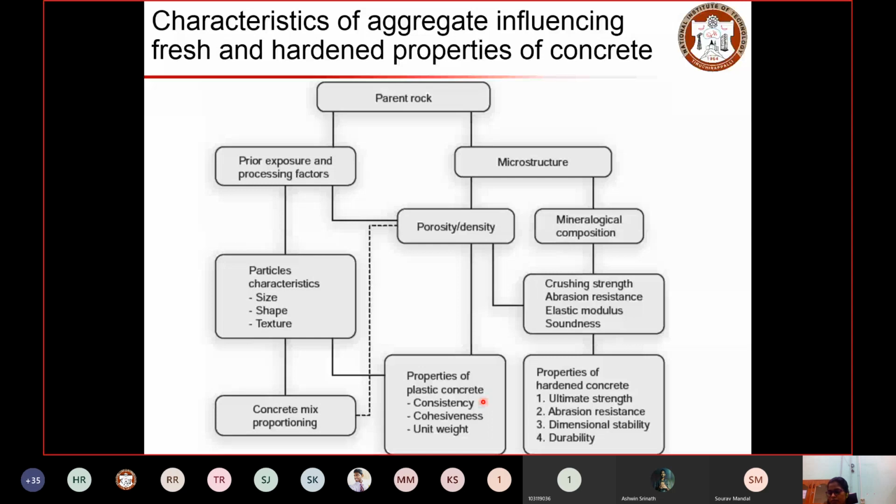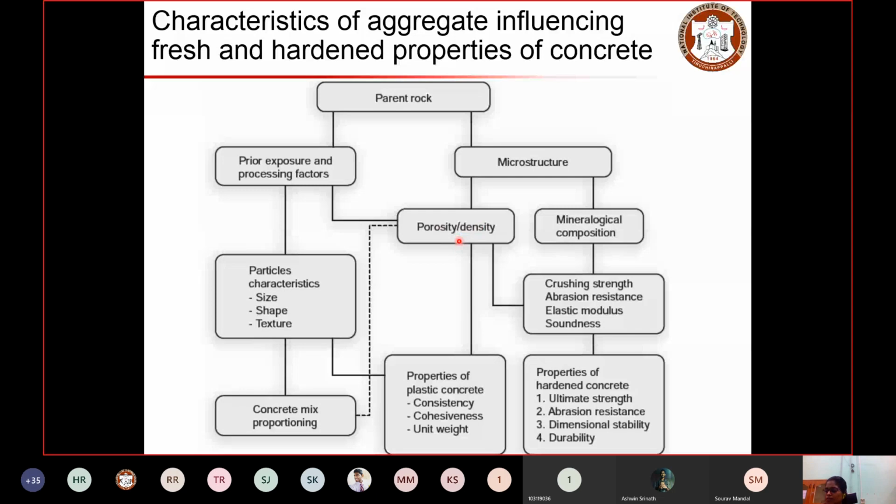Basically, it indicates the workability. So the consistency and cohesiveness, all these influence the mix proportioning, and thus affect the fresh properties of concrete. So the unit weight of the aggregate, the unit weight of the concrete, and the cohesiveness and consistency all depend on the property of aggregate, that is the porosity and density of aggregates.